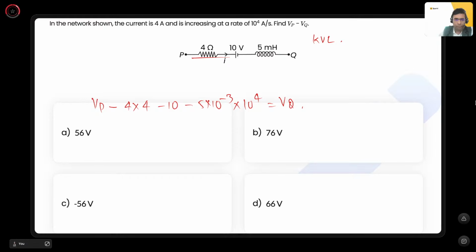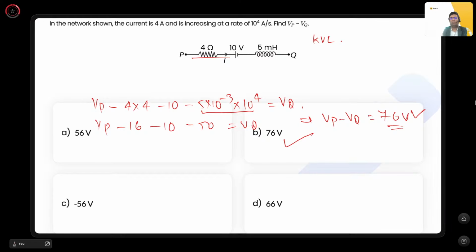So VP minus 16 minus 10, इसको सॉल्व करेंगे, minus 50 is equal to VQ. तो VP minus VQ will become, सारा माइनस है उधर चला जाएगा, तो कितना आ रहा है ये, 76 वोल्ट.